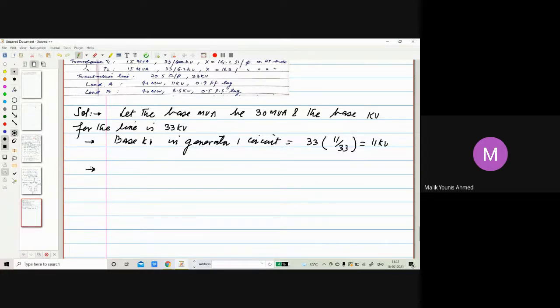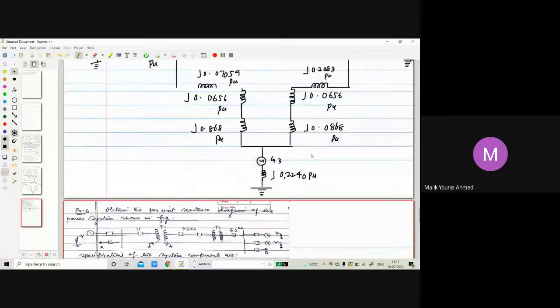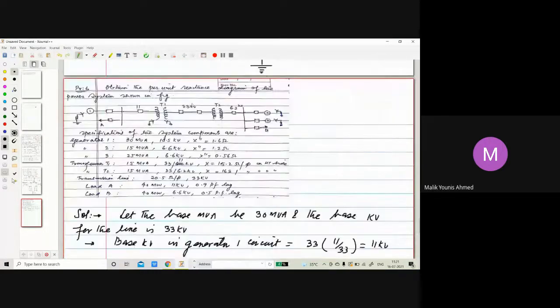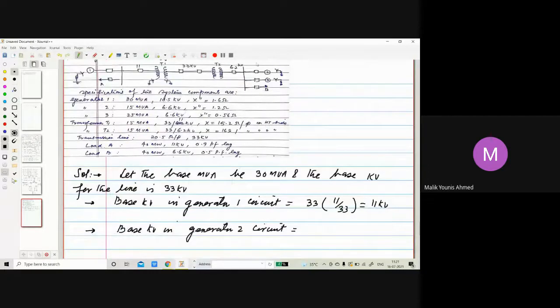Similarly, we will find the base kV in the circuit of generator G2. What is the base kV in the transmission line? 33 kV.